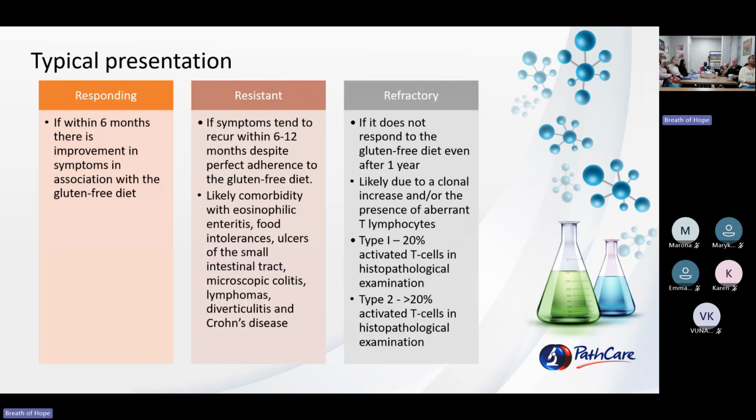So the types under your typical presentation, as mentioned before, are your responding, resistant, and refractory. So your responding celiac disease patients, if they are on a gluten-free diet, there is improvement of your symptoms within 6 months. And also histologically, if biopsies are done, there is resolution of the changes that are found.